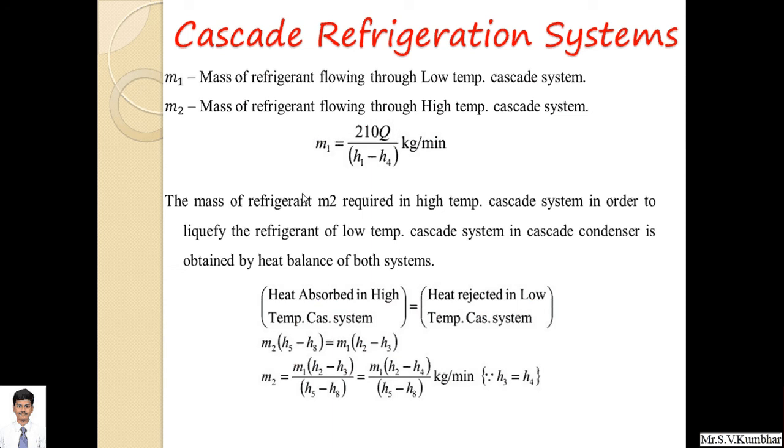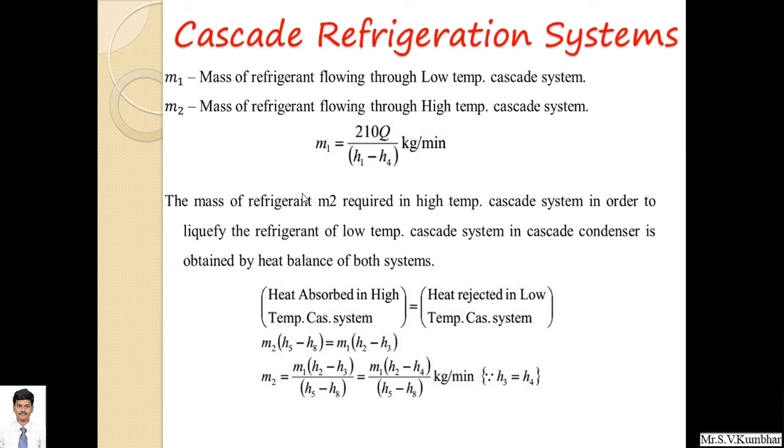Cascade refrigeration system analysis. Let M1 be the mass of refrigerant flowing through the low temperature cascade system, and M2 the mass flow rate of refrigerant flowing through the high temperature cascade system. M1 is equal to 210 Q upon H1 minus H4 kg per minute.